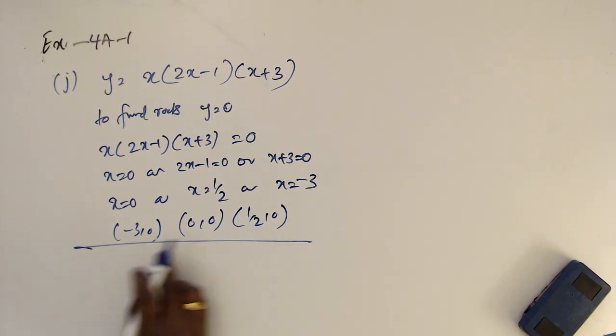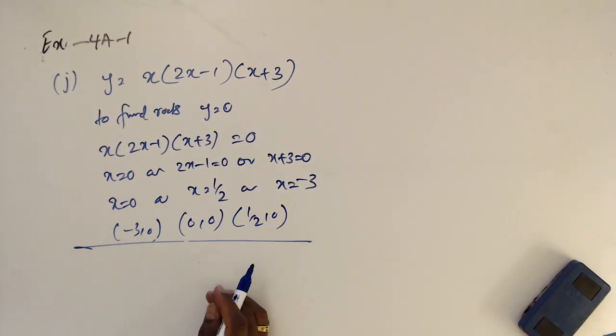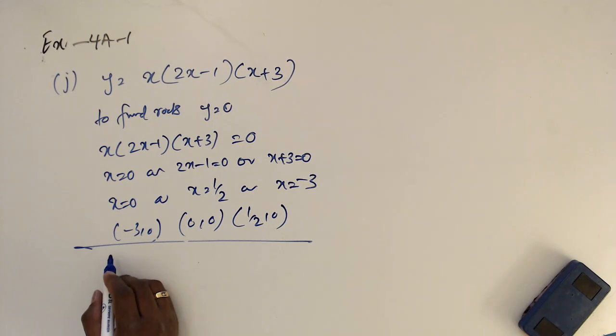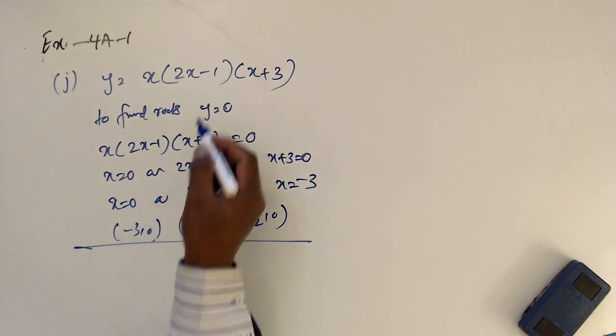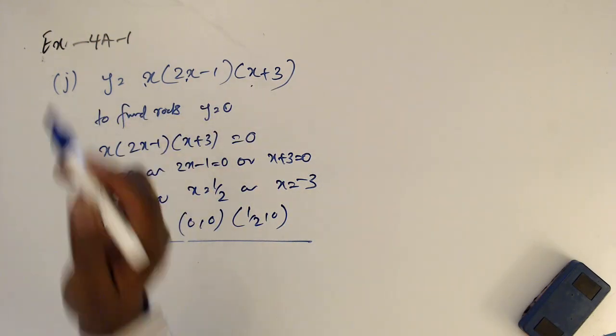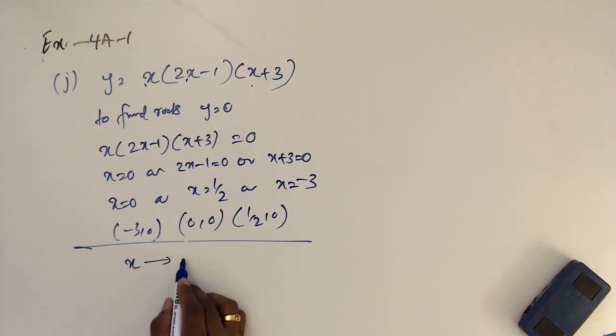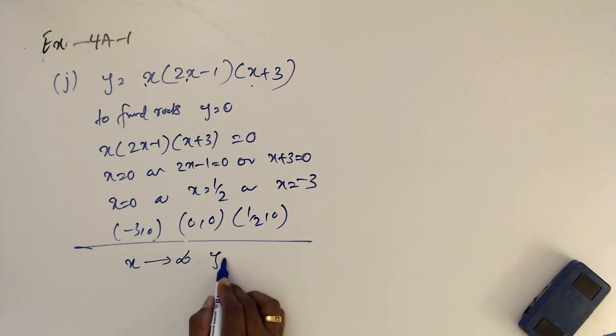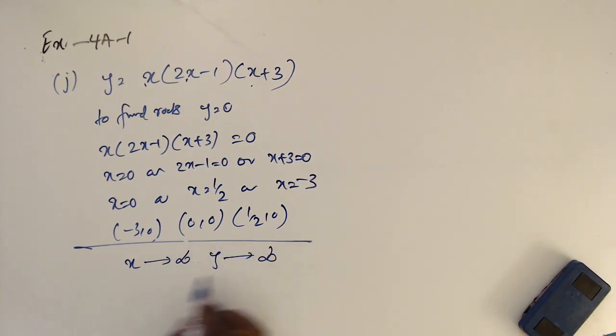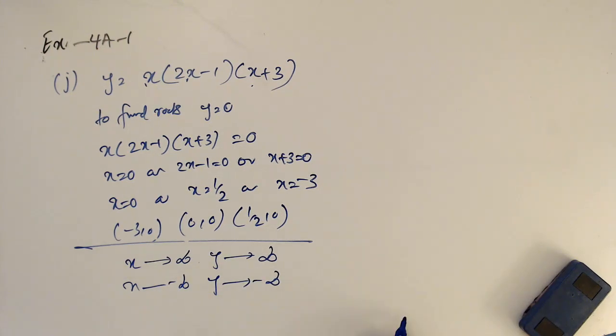And I don't want to check when x is 0, it is there. And all positives, so the coefficient is positive. As x goes to positive infinity, y goes to positive infinity, and as x goes to negative infinity, y goes to negative infinity.